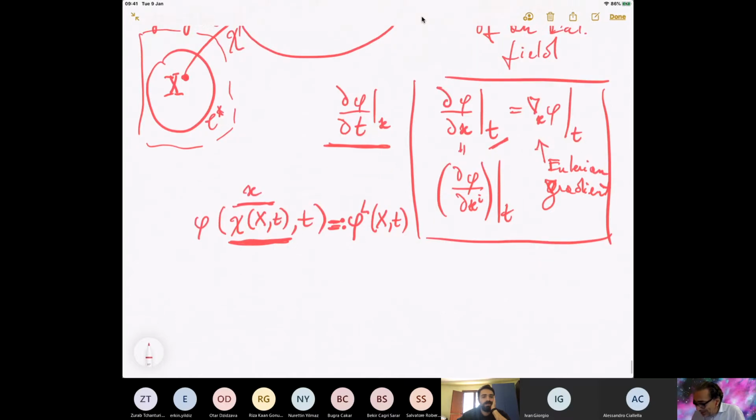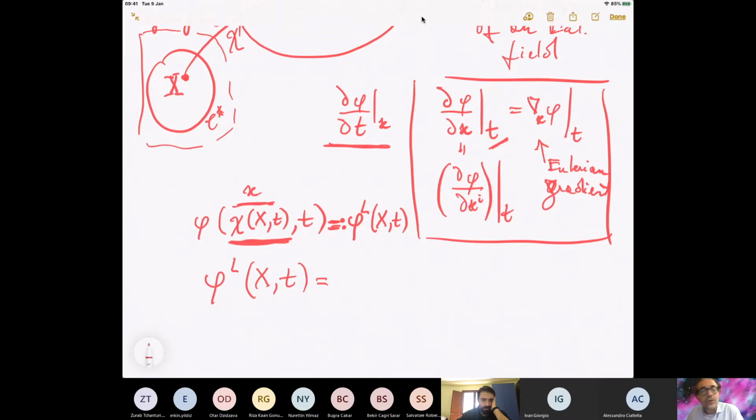So you understand, telling this with words without using the formalism of composed functions can be a nightmare. So I can tell you in a very elegant way that phi Lagrangian of capital X and t is the evaluation of the Eulerian field in the subsequent positions occupied by one and the same material particle.